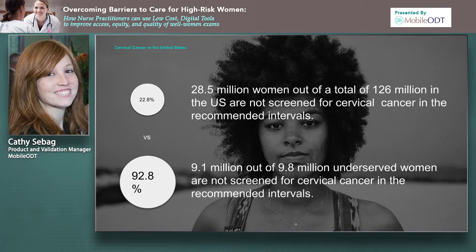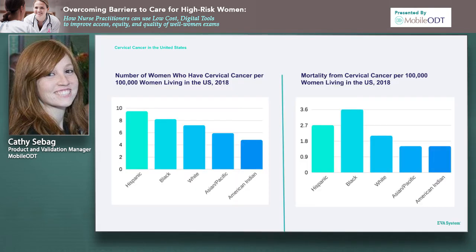And despite the Affordable Care Act making screening more affordable than ever, women are still not going under screening from the highest risk groups. And the rates of incidence and mortality follow the same narrative because women really aren't getting screening enough.